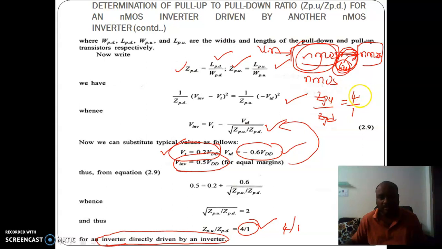This directly affects the L by W ratios of both the pull up and pull down devices. Nothing but the dimensions of the depletion mode and enhancement mode transistors should be 4:1. That needs to be taken into consideration.